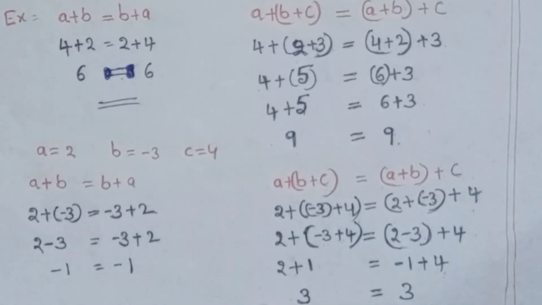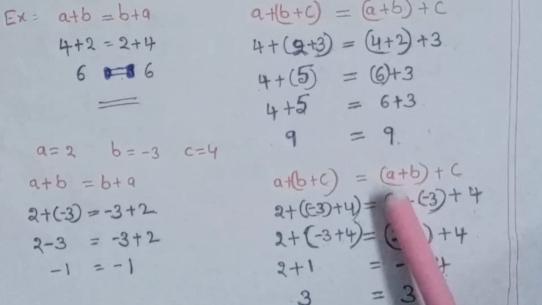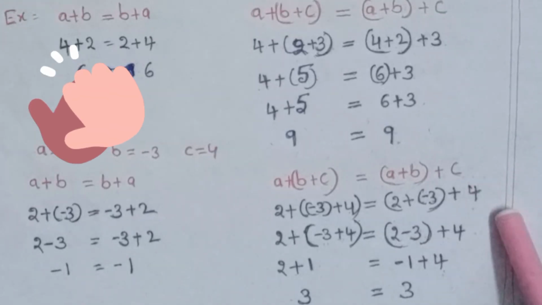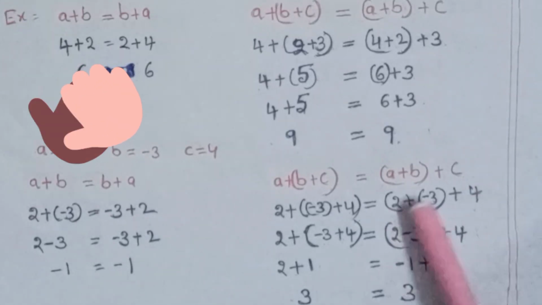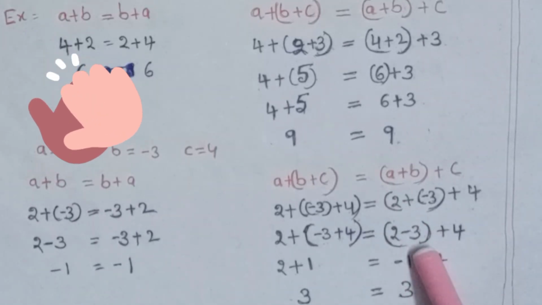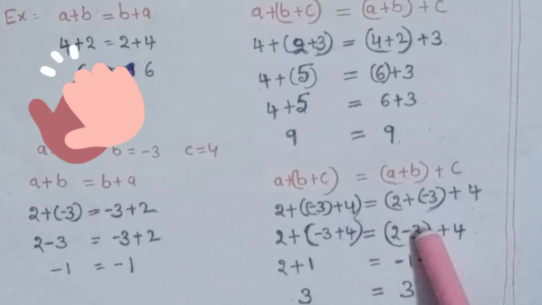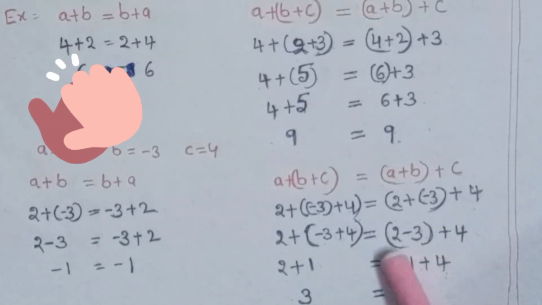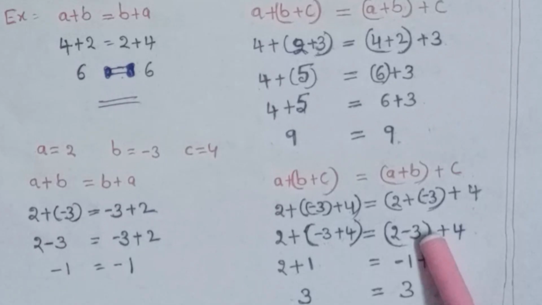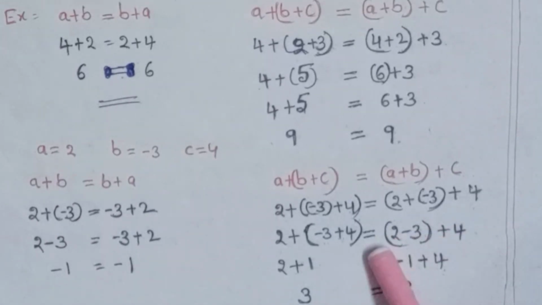This is the LHS. Now substitute values in the right side. a as 2, b as minus 3, c as 4. Then here plus into minus, minus. 2 minus 3 plus 4. Opposite symbols are there. Whenever opposite symbols, we subtract big number minus small number.